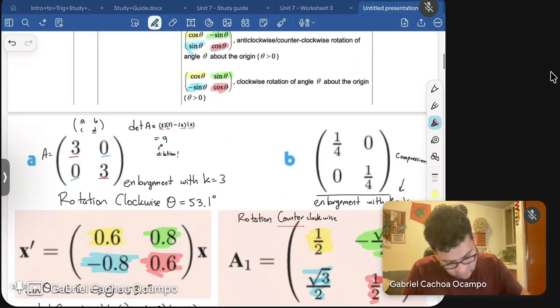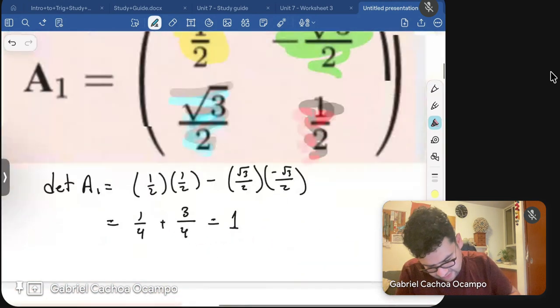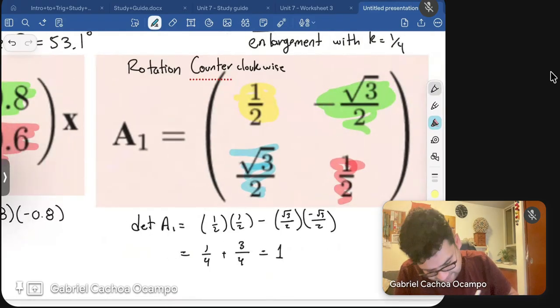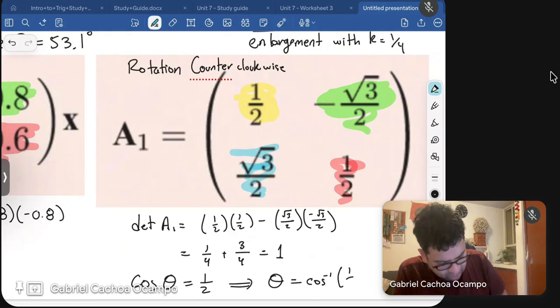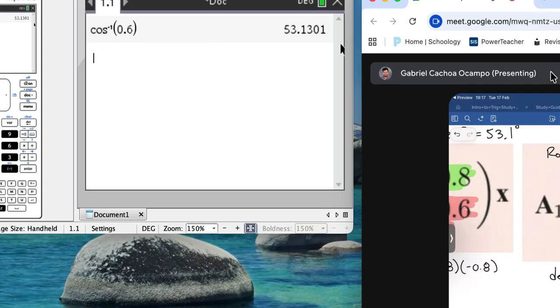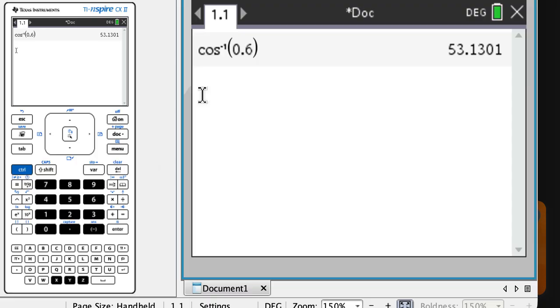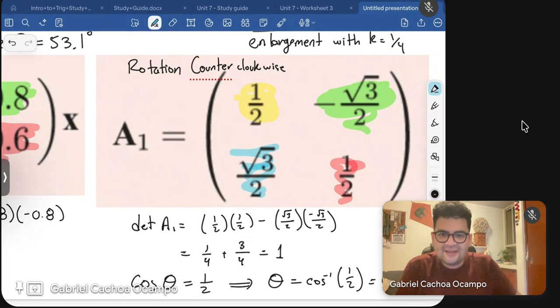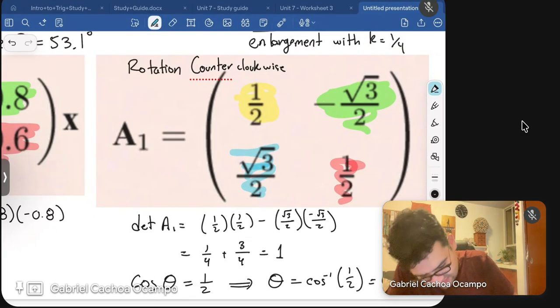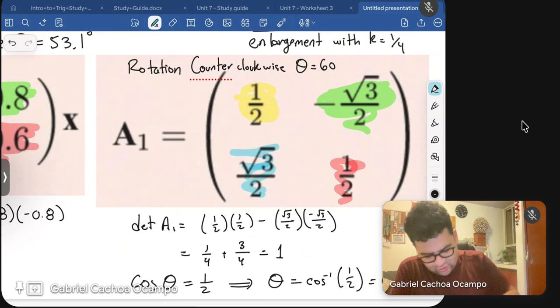So I can write the equation cosine of theta equals to 1/2. So theta equals to inverse cosine of 1/2, which we all know it is 60. Is it 60? It is 60. Nice. Okay. With theta equals 60, I'm just going to do a couple more.